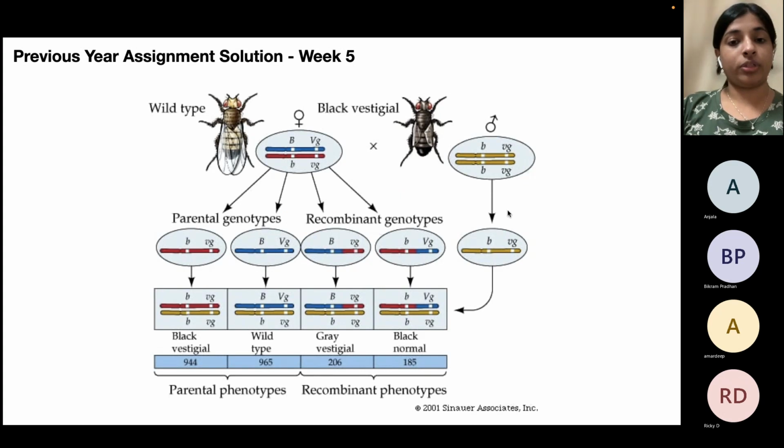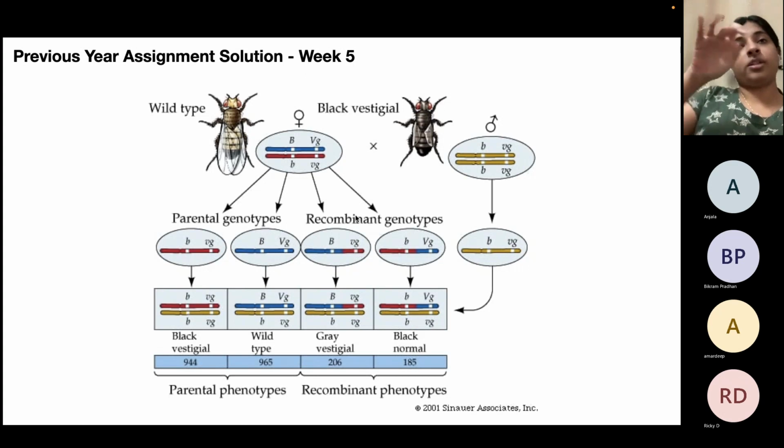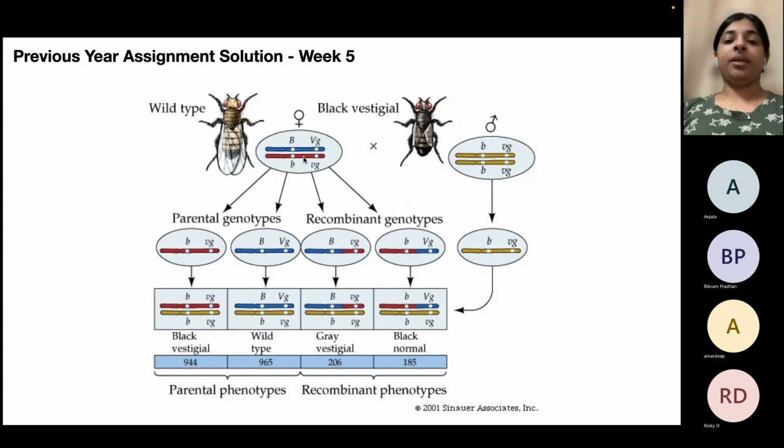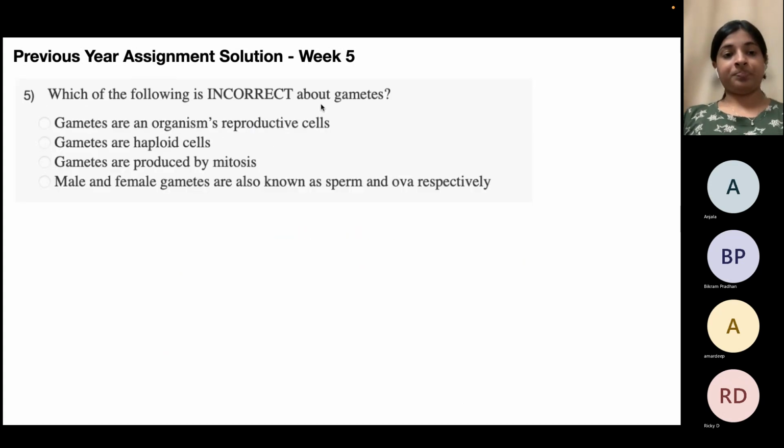Neither of them are identical to each other. This is because each sister chromatid, the inner ones, have undergone recombination while the outer ones have retained their genetic material. It results in genetic diversity and it results in new combinations of alleles. The capital B got a chance to recombine with the small vg and the small b got a chance to recombine with the capital VG.